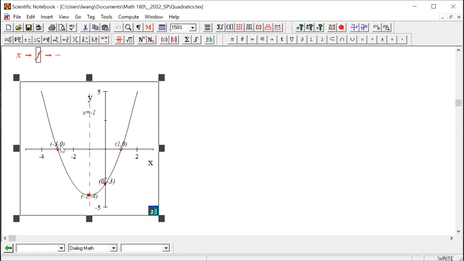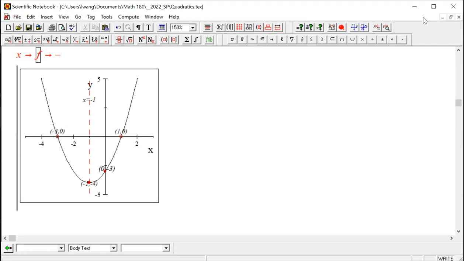And where should the solution be? That's right, the solution is going to be in the middle, because we want the output to be negative. Where do we get negative output? Right here. This piece has negative outputs. That's what we want.